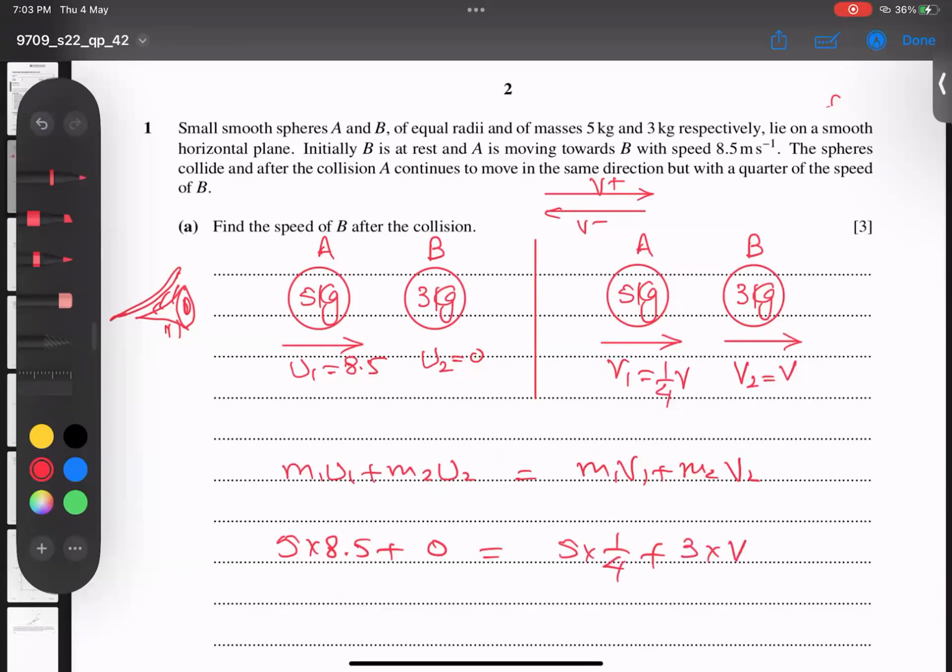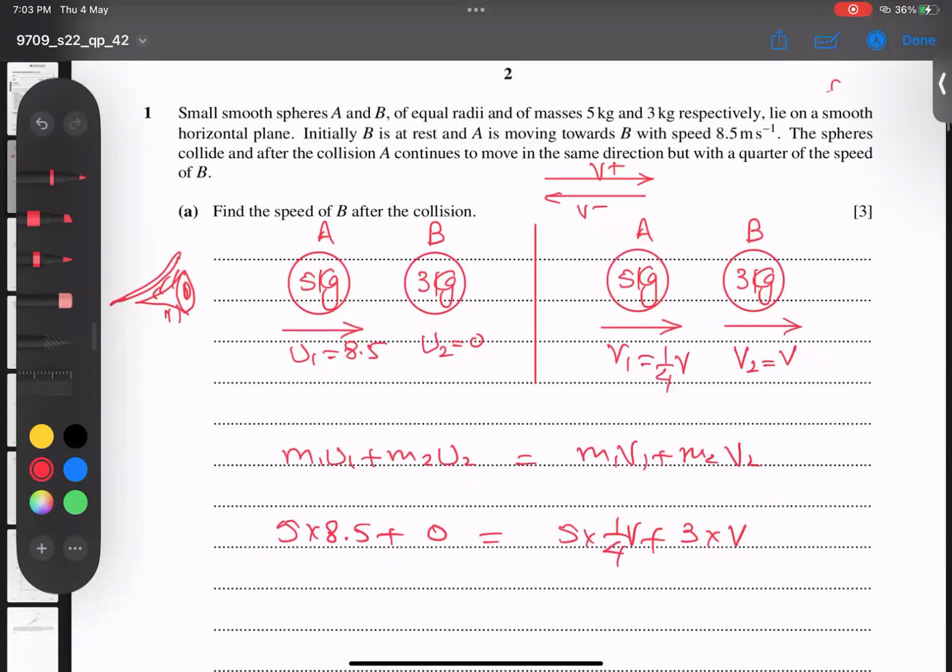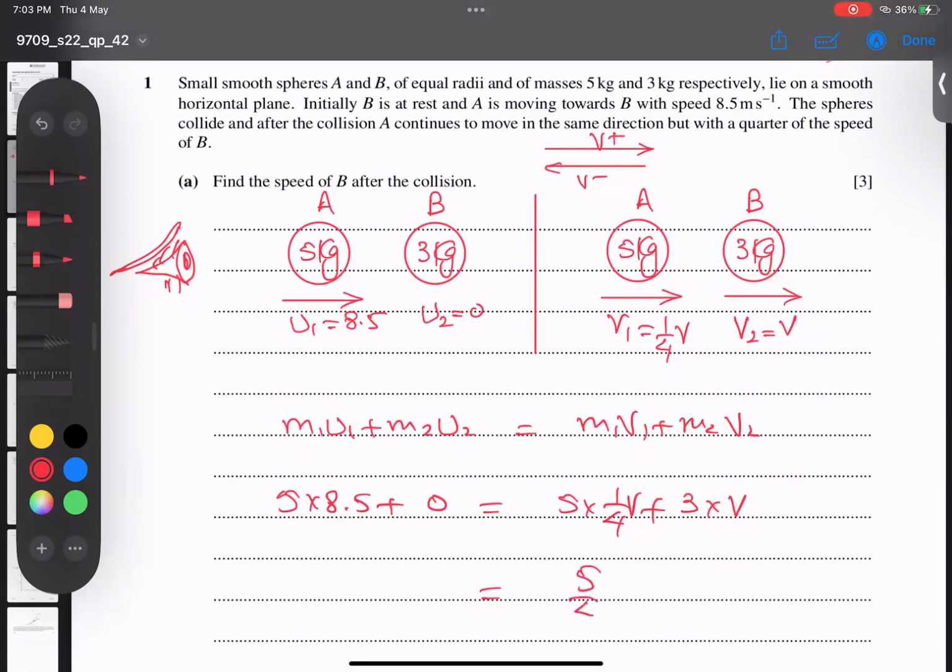Students, I think the approach is very clear. This is 5/4 v from here, plus 3v from here.